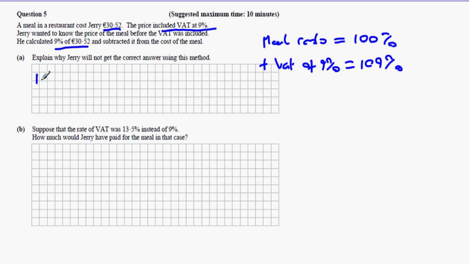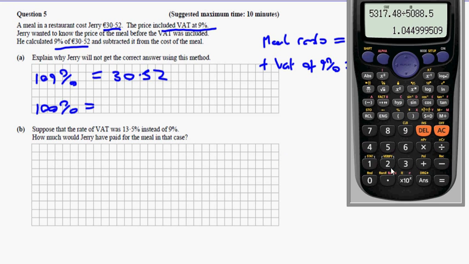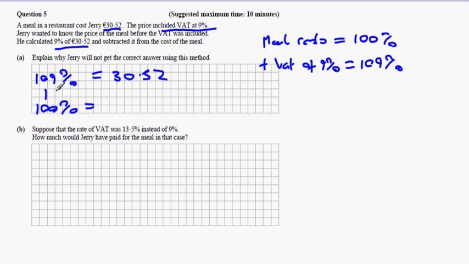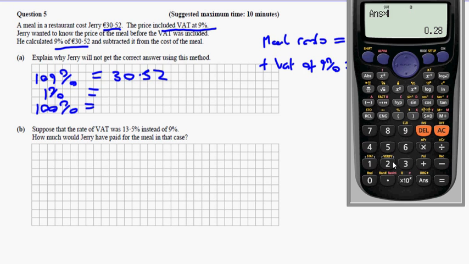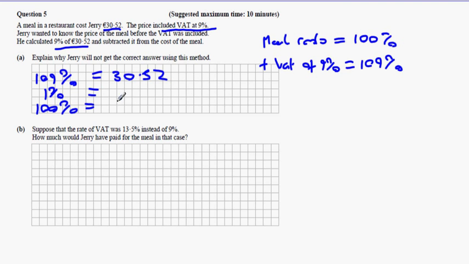And 109% equals your 30.52. We want to find out what 100% was. So 100% of this is going to be 30.52 divided by 109. And that gets me 1%. When I divide by 109, that gets me 1%. And now we've got to multiply by 100. And we get there is €28.